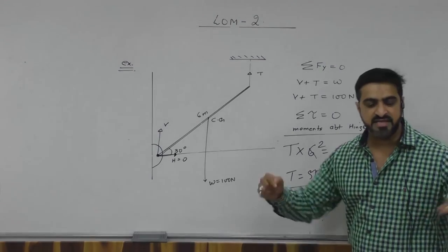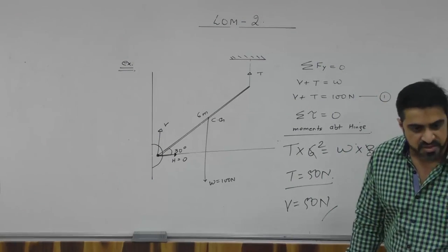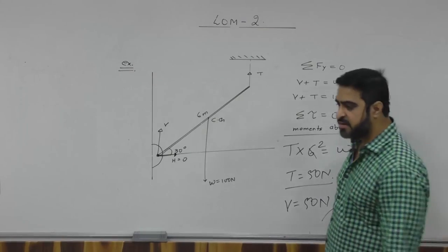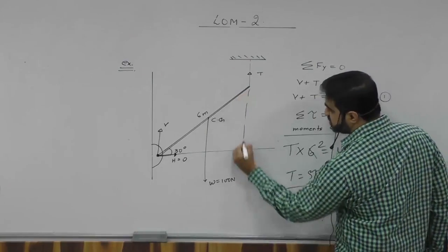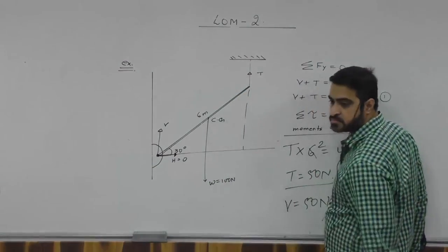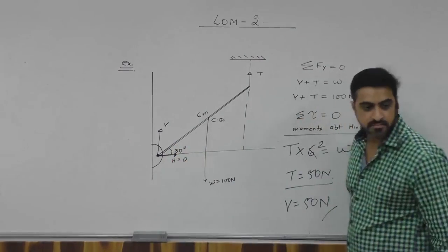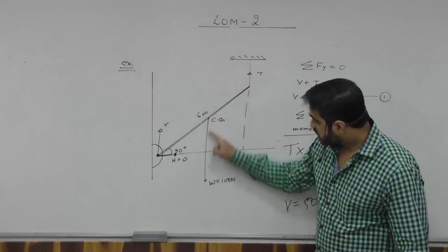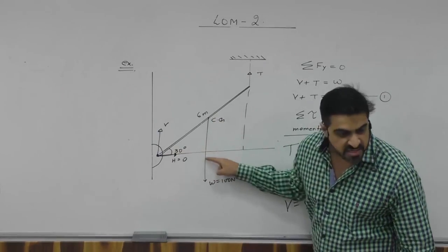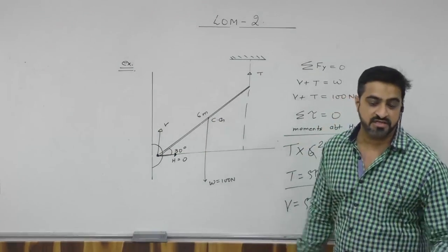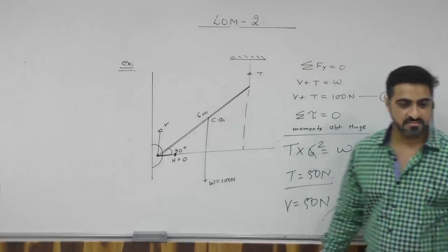Suppose we do it by the normal method, which method did we used to use, the normal method. Can anyone tell me how much will be this perpendicular distance? 6 cos 30. How much will be the weight's perpendicular distance? 3 cos 30. Cos 30 cancels.